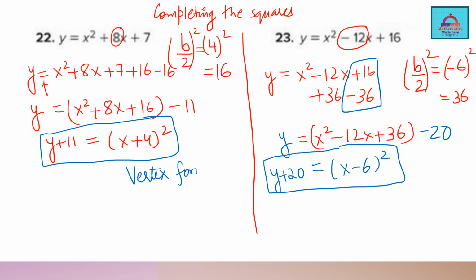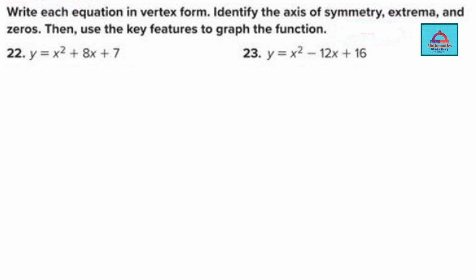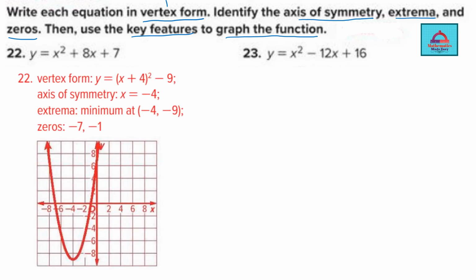Now we are going to use this vertex form to find the vertex to solve the question on parabola. So as you see, same equations. Now you need to do first the equation in vertex form, which we've already done. Then you need to identify axis of symmetry, maximum and minimum, zeros, and use the key features to graph the function finally. Long question. So first thing you do the vertex form, which I've already told you.